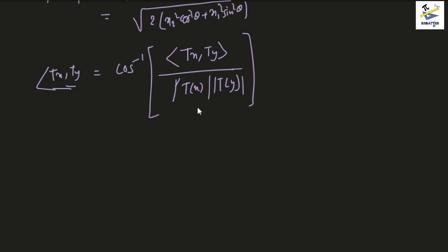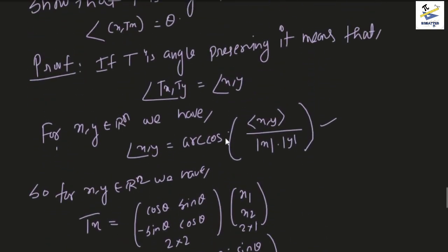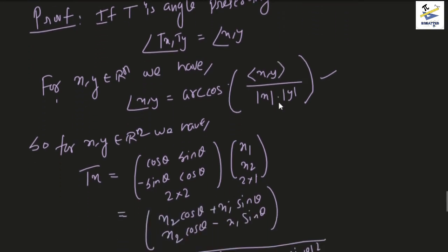So in order to do that, what we need to understand here is that cos inverse of the inner product of Tx and Ty needs to be found, and we also need to find out if Tx and Ty are inner product preserving and norm preserving as well. So if they are any one of those, we shall be done, right? So let's see if they are any one of those.